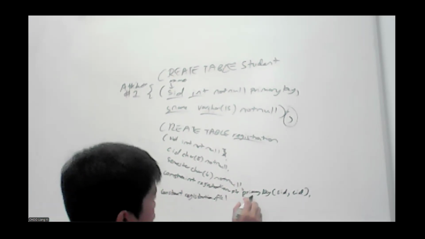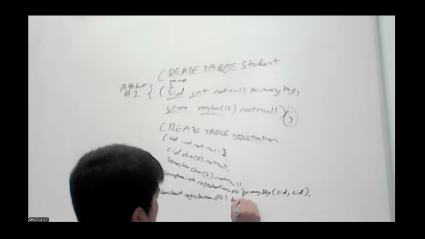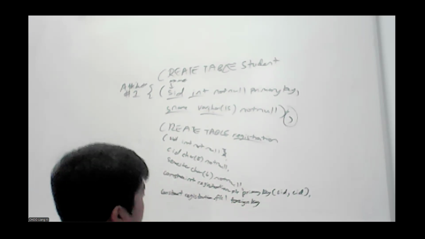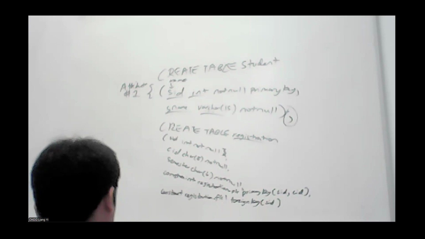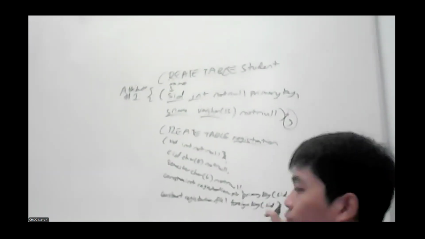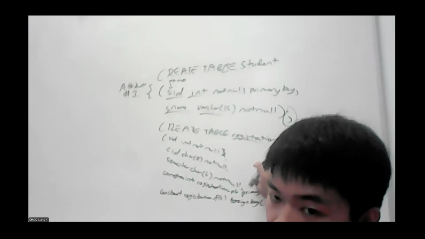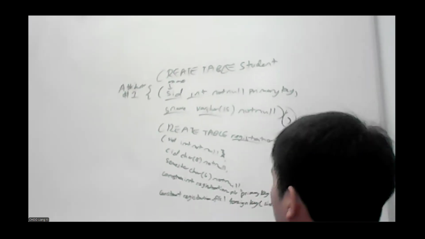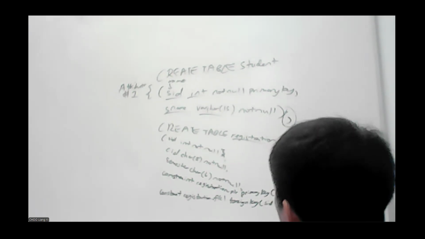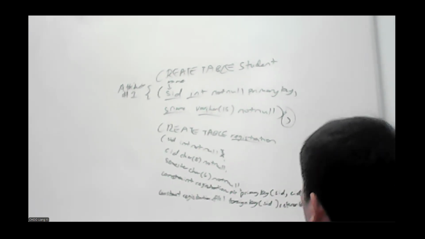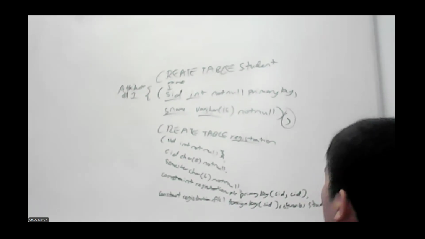Then you put foreign key, referencing student ID. So this student ID is the foreign key in the registration table. Where does it reference? It references the student table, then which attribute? Student ID.